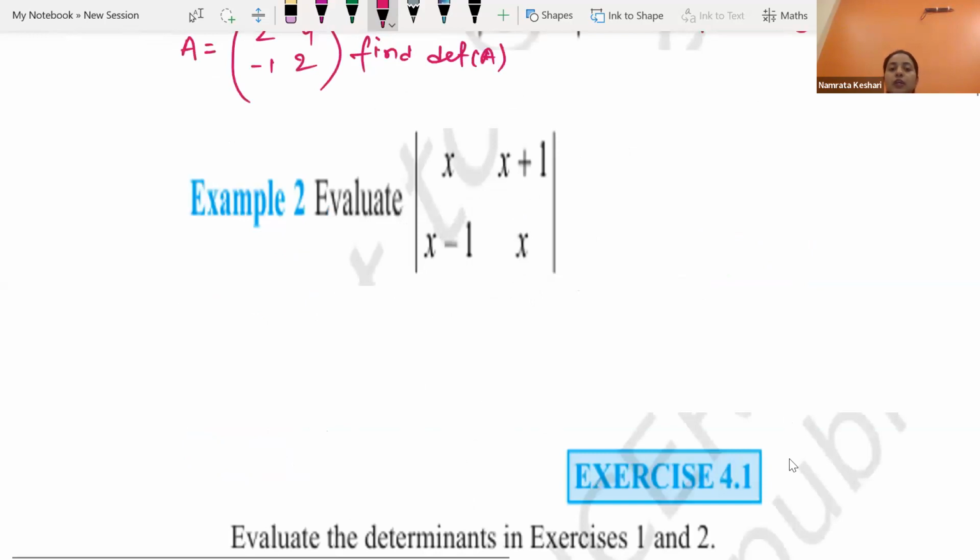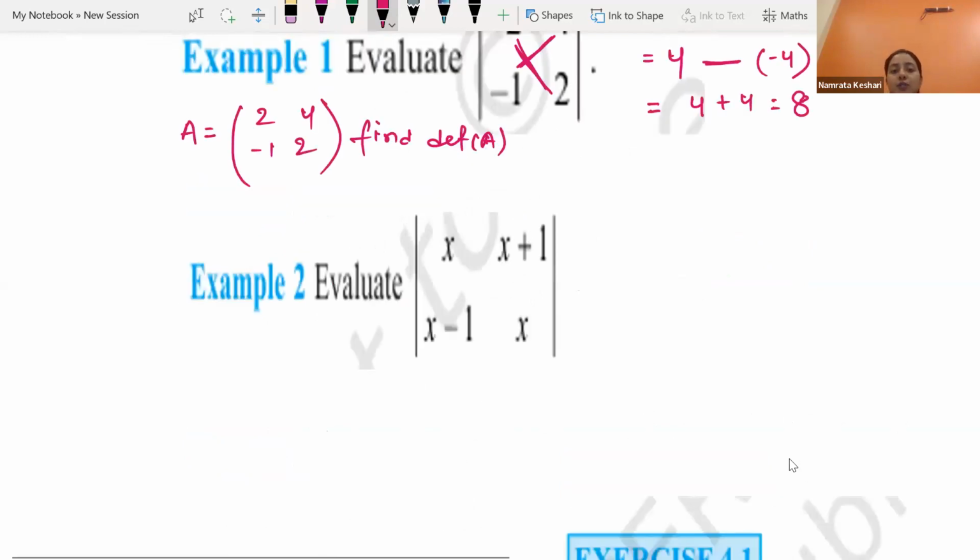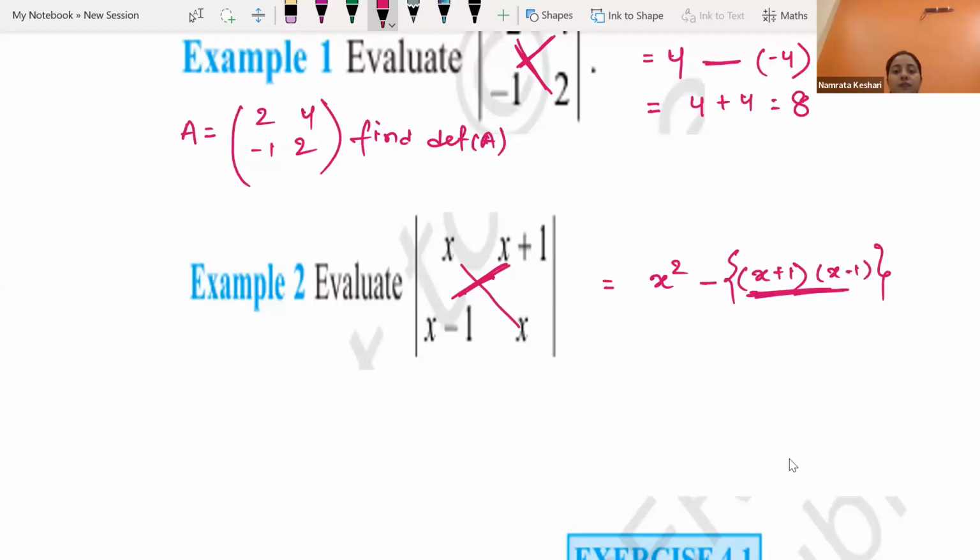Let's do the next one. Again, we have a 2 by 2 matrix. We will be doing the multiplication of this 2 at first. What are we going to get, Kiran? X square. Then minus, then this 2 multiplied together. Let's write it: x plus 1 multiplied with x minus 1. Is there any formula which will help us doing the multiplication?